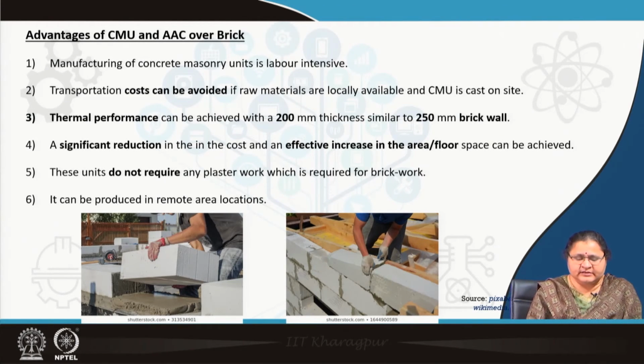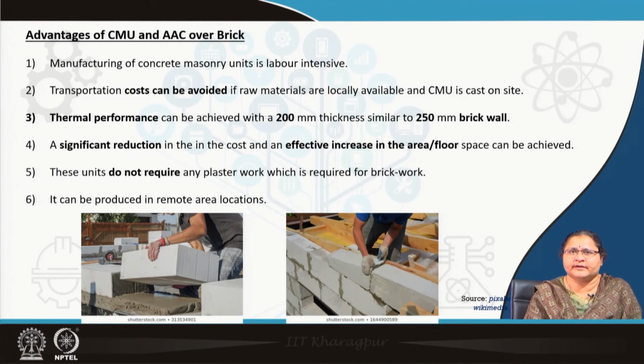It is similarly constructed, it can be made as cast in situ concrete, and it is labor intensive when made in the factory, but transportation cost can be avoided if the raw materials are locally available. Thermal performance is better: whatever you get with a 250 thick brick wall, you can get the same with a 200 thick wall. This gives a significant reduction in cost and an increase in floor space.